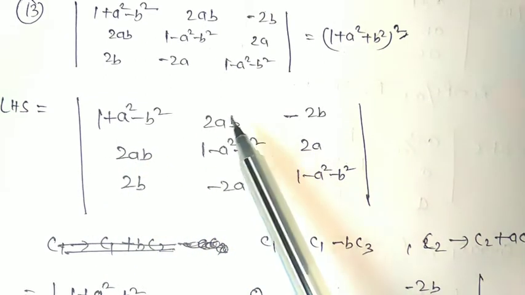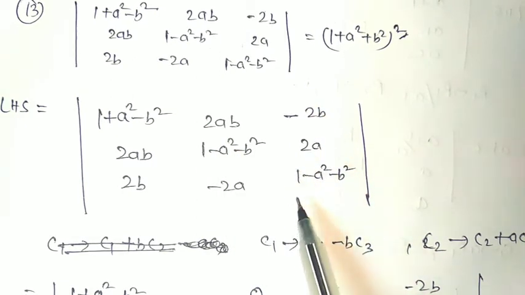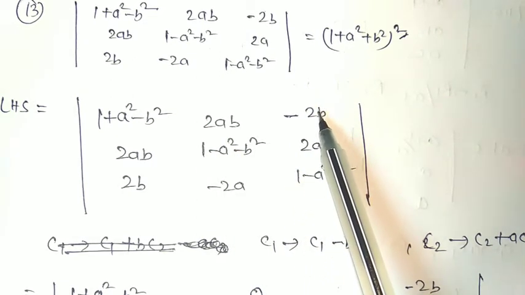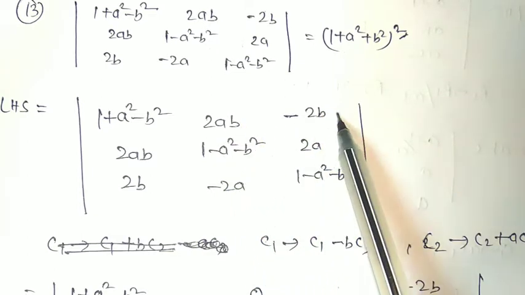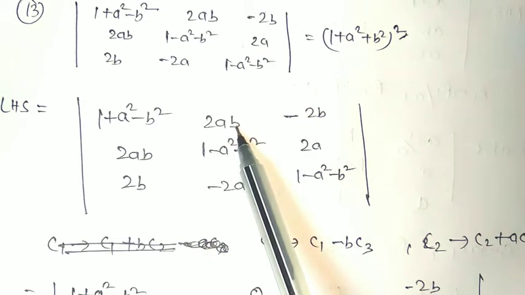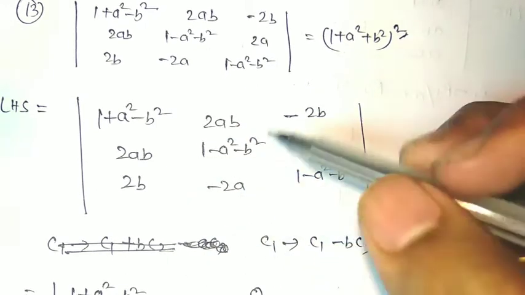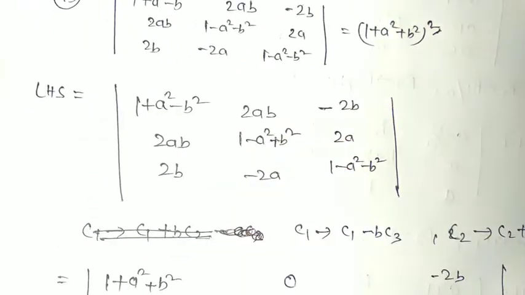Similarly, we can make 0 here by multiplying column third by a and adding it to column second. Multiplying column third by a, minus 2ab plus 2ab equals 0.